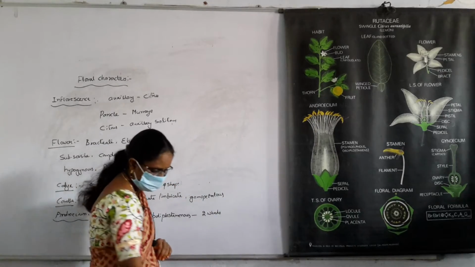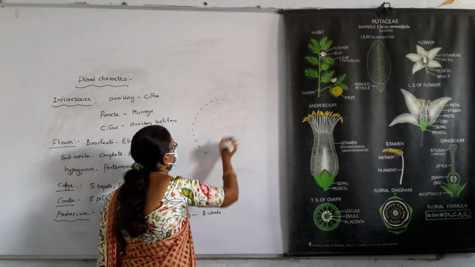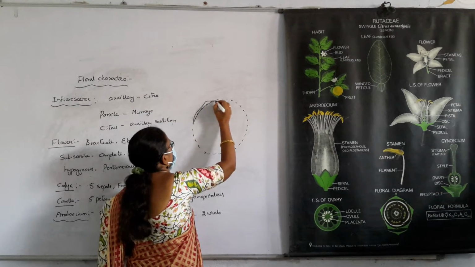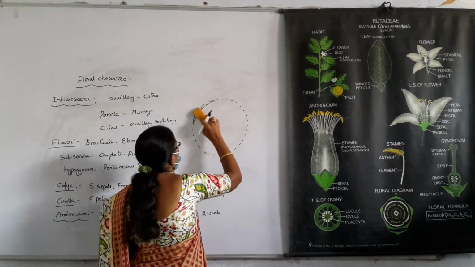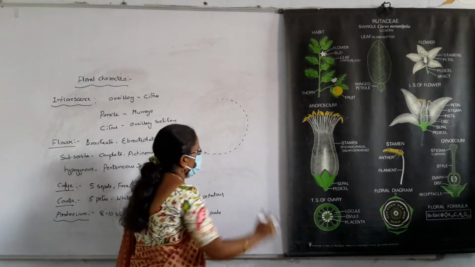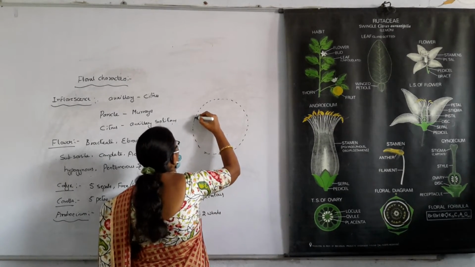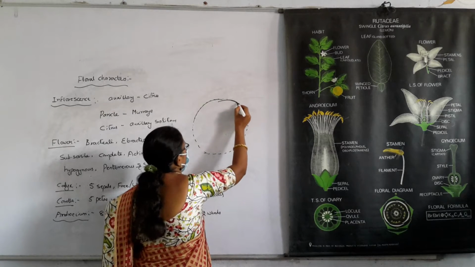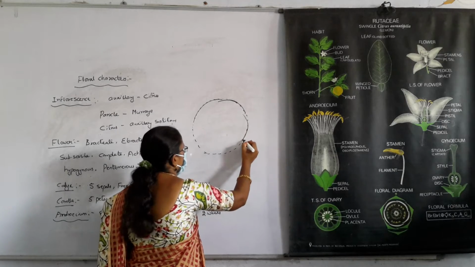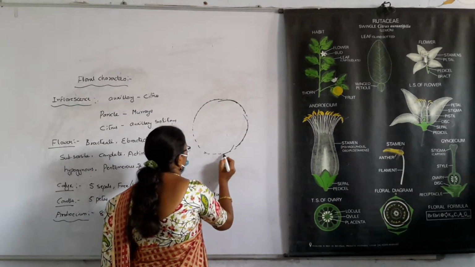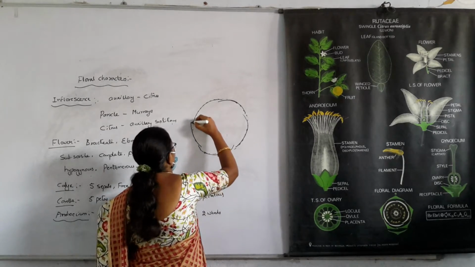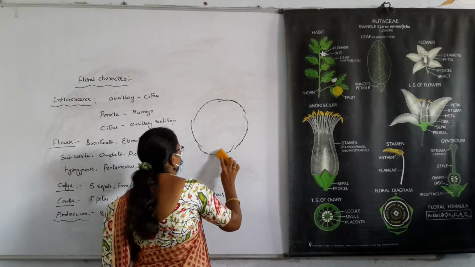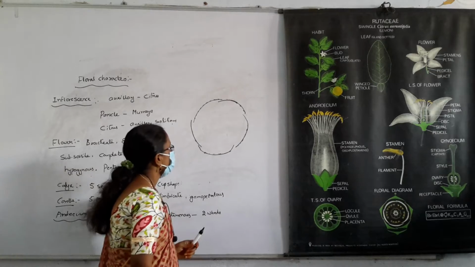In the obdiplostemonous arrangement, normally the petals are arranged imbricate.